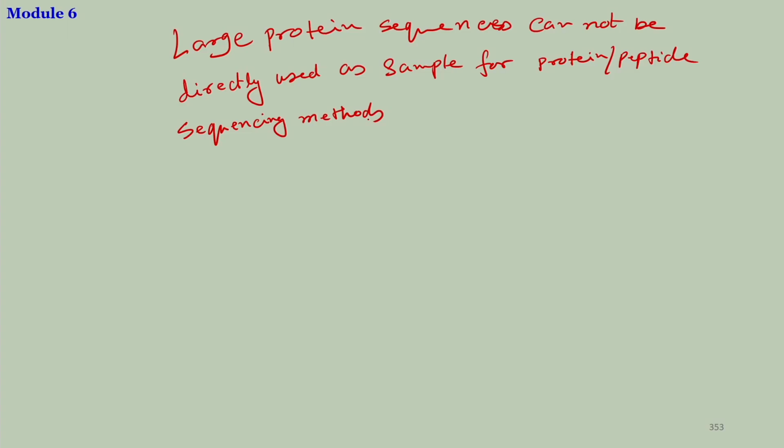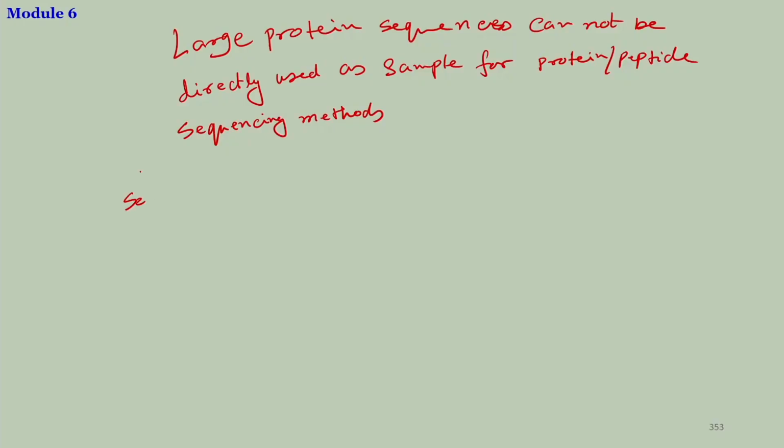So, that is the limitation of these techniques. Large proteins, original proteins that you have isolated from some source, cannot be used directly to determine their amino acid sequence. What these methods, Sanger's method, Edman degradation method or the mass spectrometric method, usually use are shorter peptide sequences.